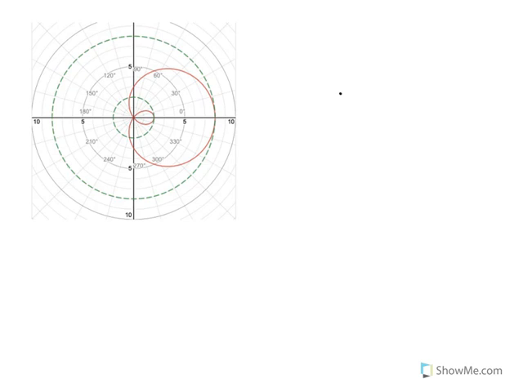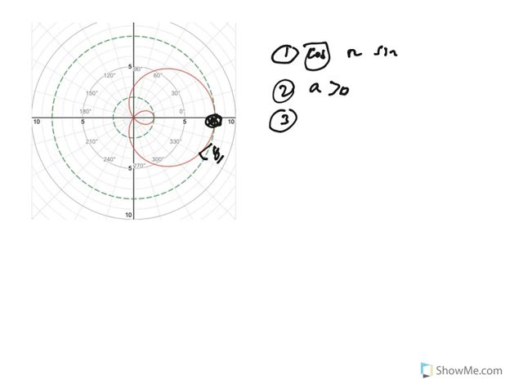I'll use both methods. The second method I'll do first though. Cosine or sine? Because this reaches its high value at either 0 or 180, it's cosine. Because it's 0, reaching its highest value, instead of 180, a is going to be positive. Now, 8 is the high value, 8 comma 0 degrees.